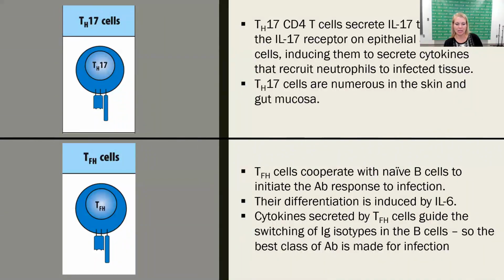So they will attach with a naive B cell presenting antigen on the surface of MHC class 2, and will be induced by interleukin 6. Then T follicular helper cells are going to secrete cytokines that will drive B cells to switch antibody into the best affinity antibody, as well as the best class for whatever type of infection is occurring.